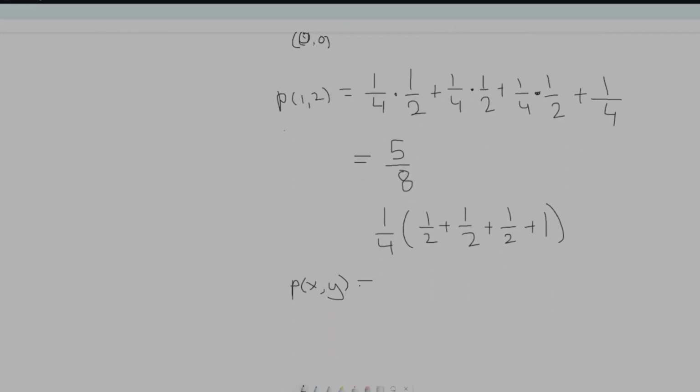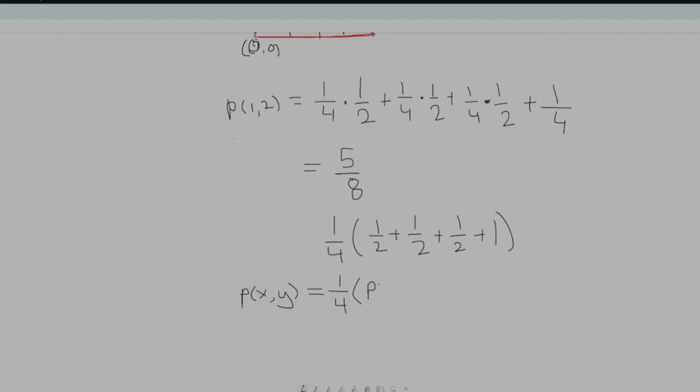So we can just generalize it so that it's equal to the average. So the probability is 1/4 times the sum of the surrounding points.